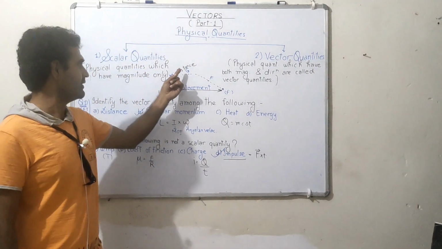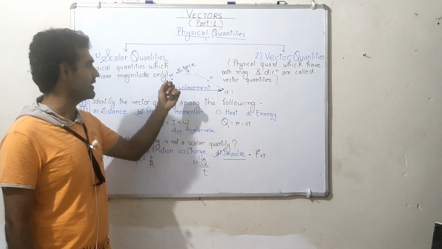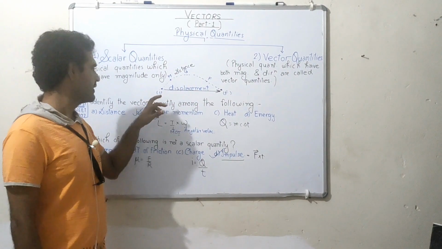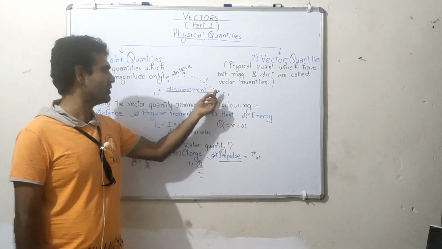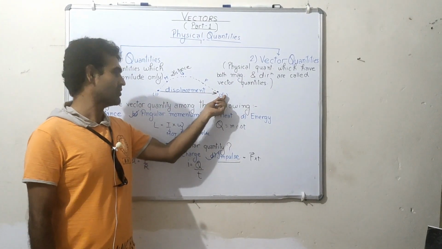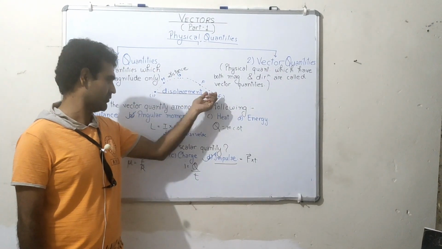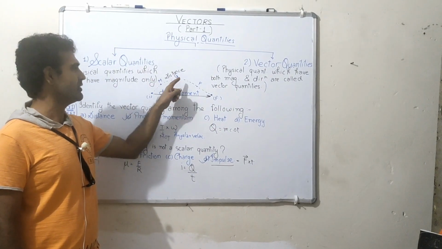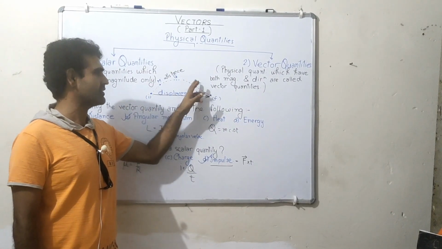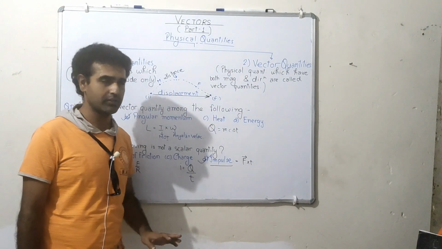Now let us see the difference between distance and displacement, and the difference between scalar quantity and vector quantity. Suppose you are at your home, this is your initial position, and you want to reach your friend's house, this is your final destination. Before going to your friend's house, you first went to the market, then to the gym, thereafter to buy some fruits, and thereafter to your friend's house.